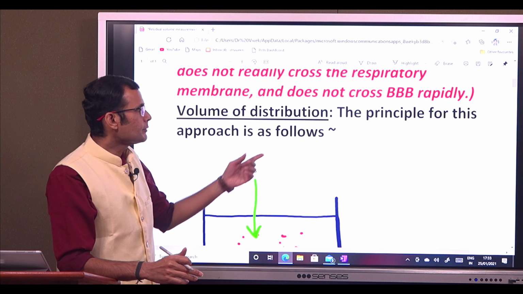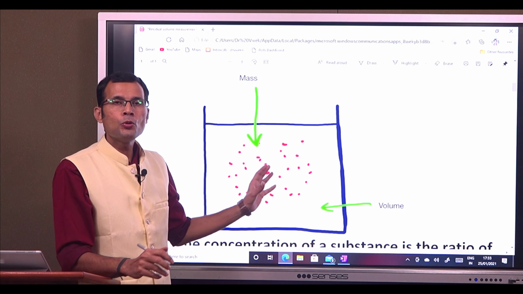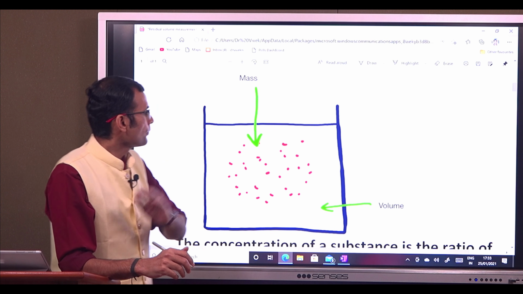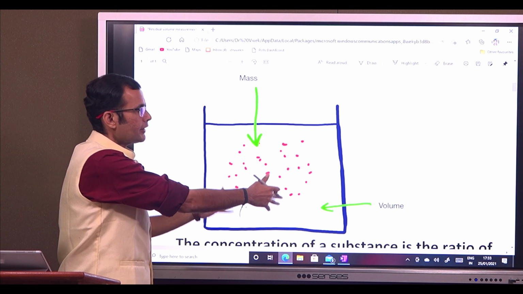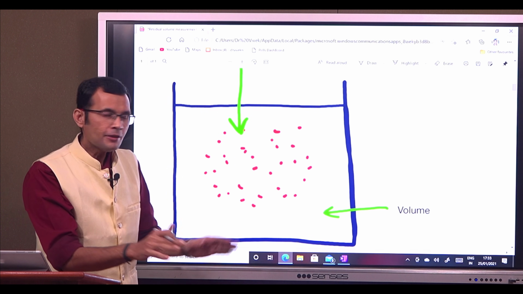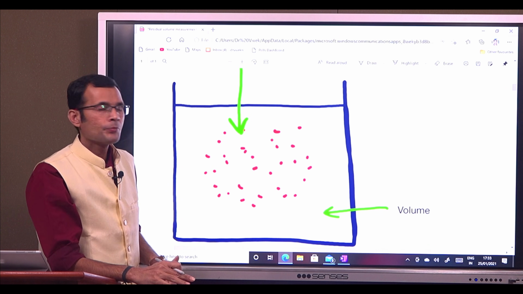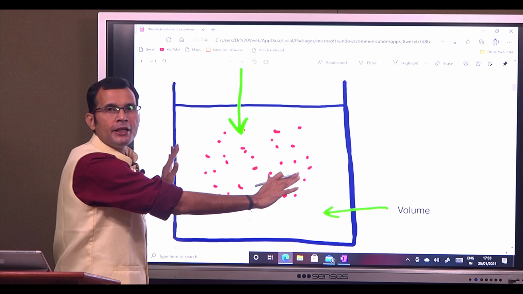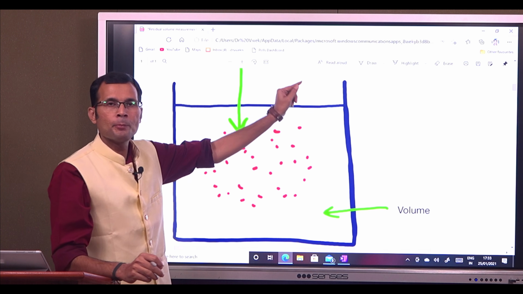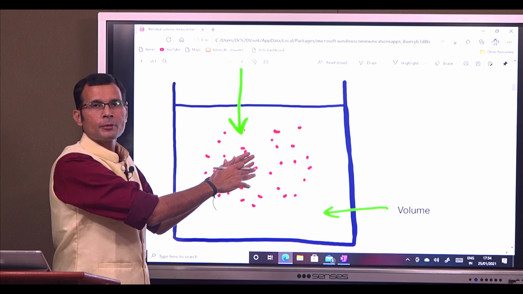Right, volume of distribution. The principle for this approach is as follows. Here is a known mass of a particular substance, and this known mass is placed into this particular volume. Then it will disperse uniformly into this compartment. Once it is dispersed uniformly into the entire volume, we select a sample and measure the concentration of this substance.